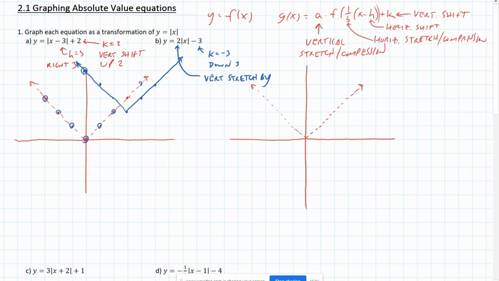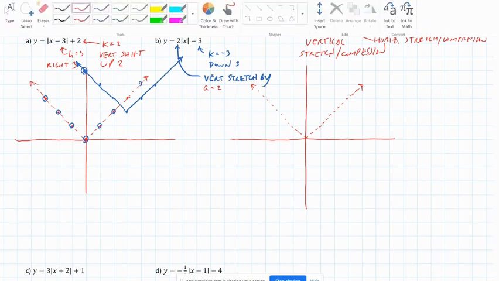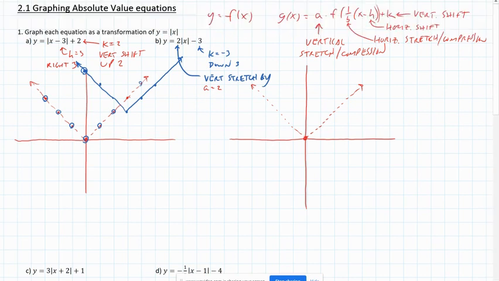And we're going to move every point on that graph. Actually, first we're going to do the vertical stretch. So that means every y value is going to be multiplied by 2 since a is 2. And so 0 is going to stay where it normally would stay. 0 times 2 is 0. This point has a y value of 1, so when we multiply it by 2, it gives us a y value of 2.